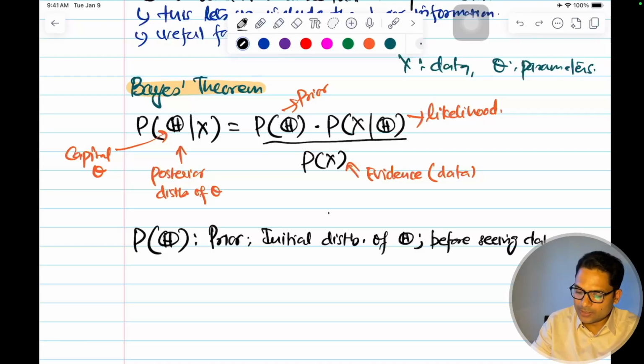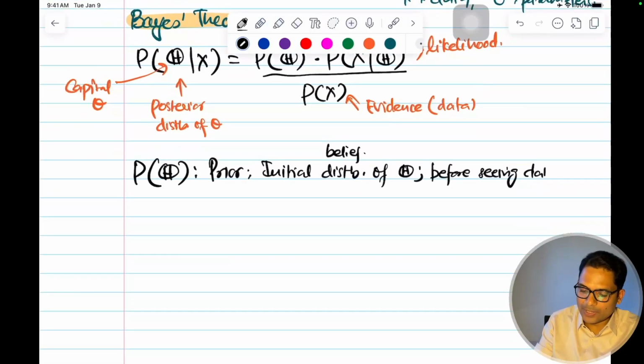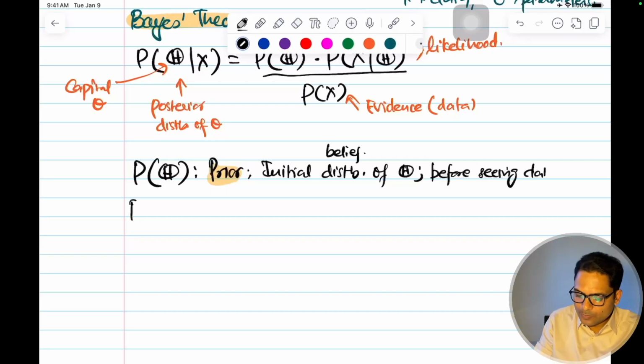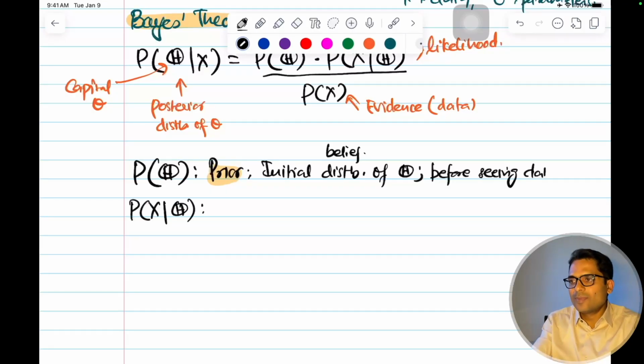Initial distribution or initial belief. The next is probability of x given theta. This is the likelihood, as we have seen earlier.